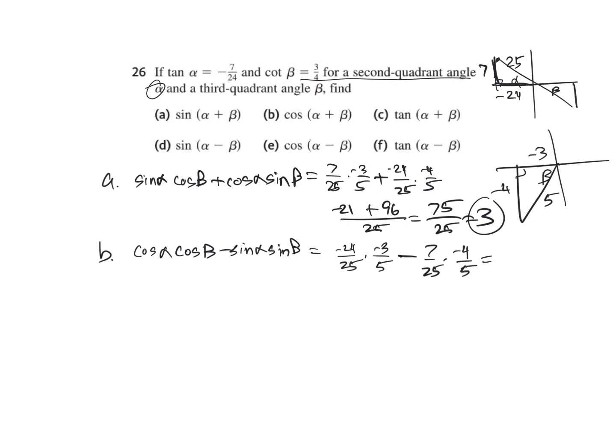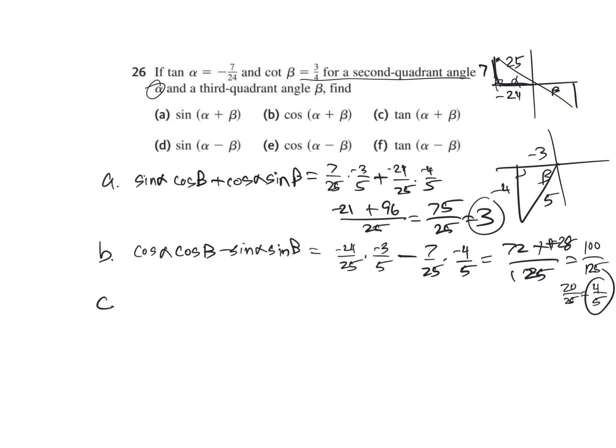So what do we really have here? 72 minus a negative 28 all over 125. So plus, that'd be change, plus. That's 100 over 125. You can simplify that by 5, and you get 20 over 25, by 5 again, you get 4 over 5, 4/5.